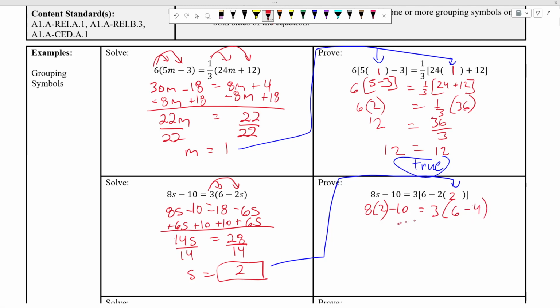I'll just go ahead and do that there. Okay, nice. So let's see, 8 times 2, that's 16 minus 10. And then I have here 6 minus 4, that's 2, and then 3. So I have here 16 minus 10 is 6. And I have here 6. And guess what, guys? 6 does equal 6. True.